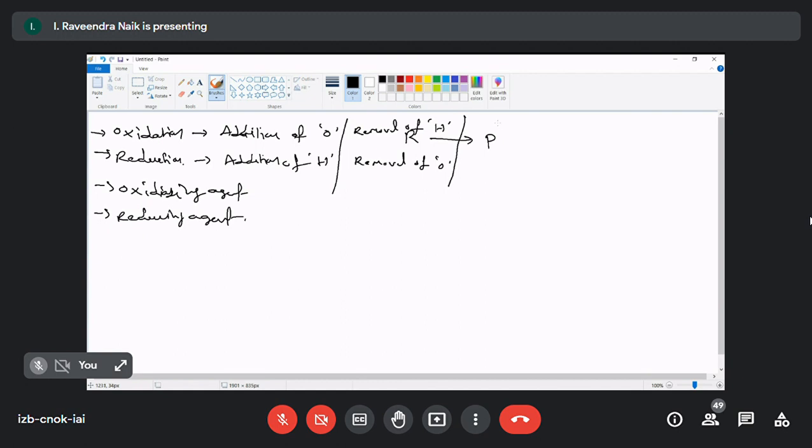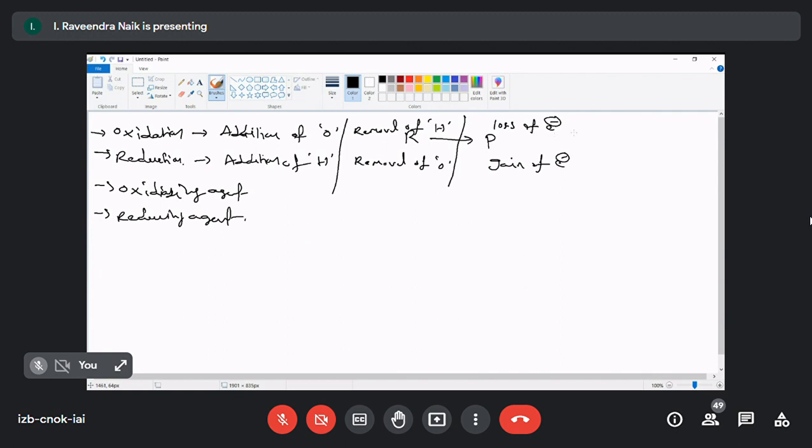So simply, loss of electron is also called oxidation, and gain of electron is called reduction. If by the loss of electron, which charge do we get?